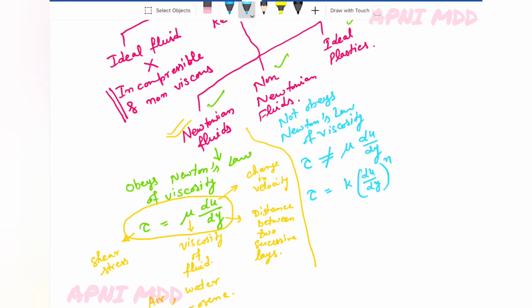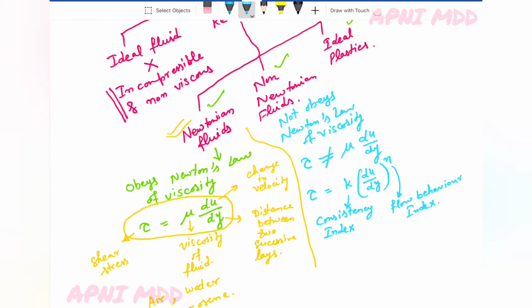Here k we call as consistency index and n we call as flow behavior index.